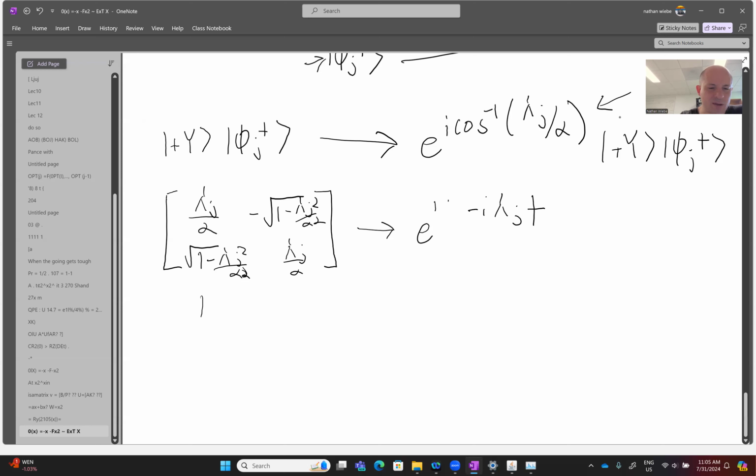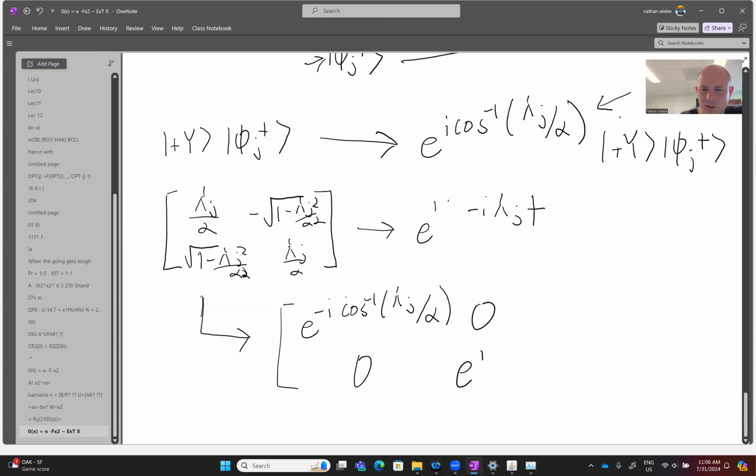If we did a change of basis, we can express this as something like e to the negative I arc cosine of lambda j over alpha, the I arc cosine of lambda j over alpha in its eigenbasis.